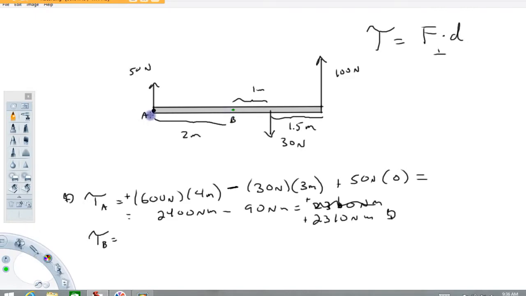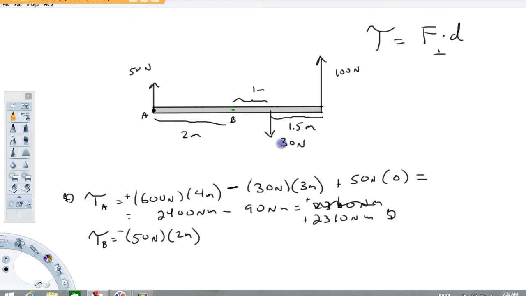This time I'll start left to right. So this 50 Newton force is going to apply a torque of 50 newtons, and again, the distance we want is this distance, which is 2 meters. That torque is clockwise, so I'm going to put a minus sign on it because I'm going to stick to my sign convention, counterclockwise positive.